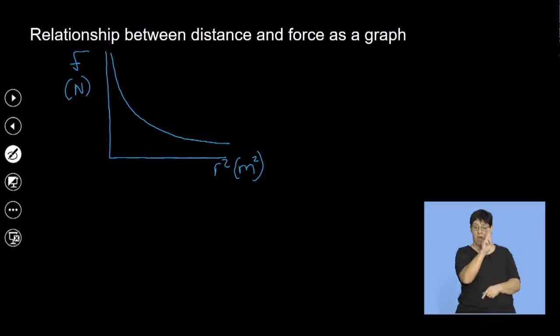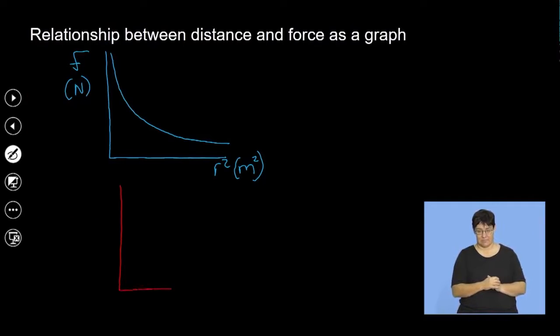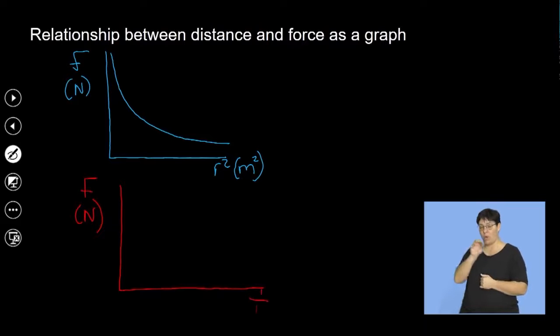How do we do that? We have to draw a second graph. So we have to do another set of calculations. We have to work out the inverse of r squared. My graph now becomes a second graph. Force doesn't change. But now I plot a graph of 1 over r squared.